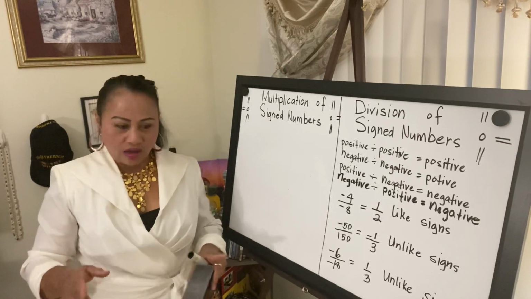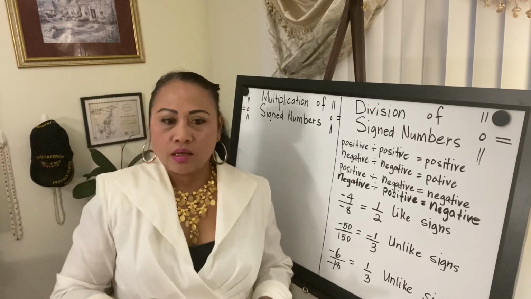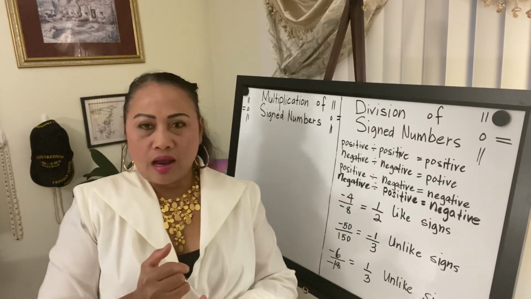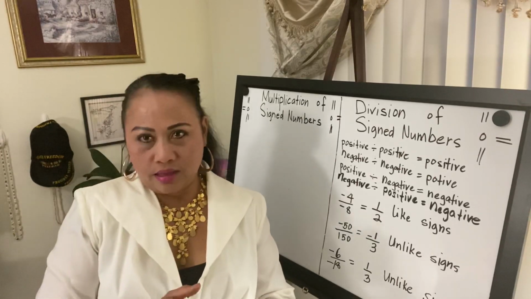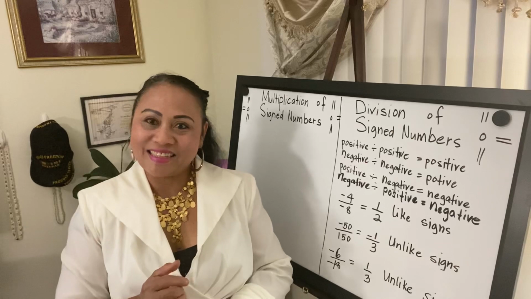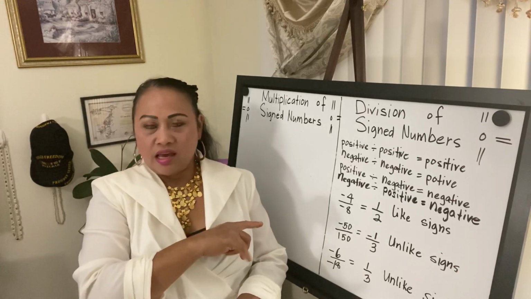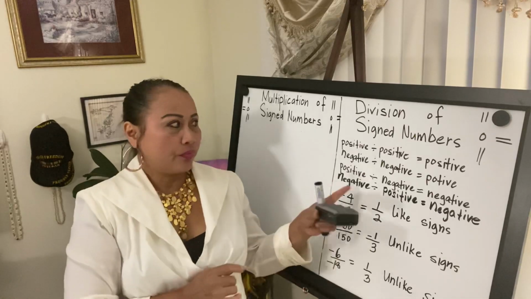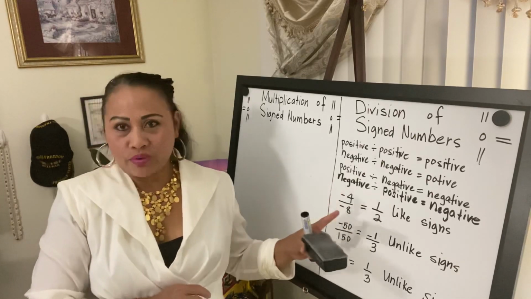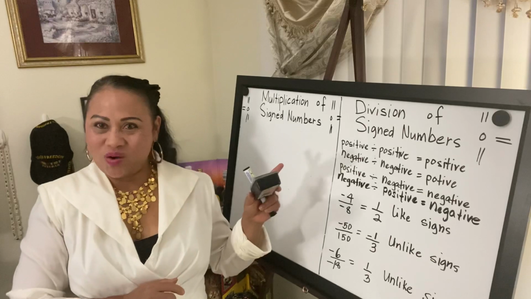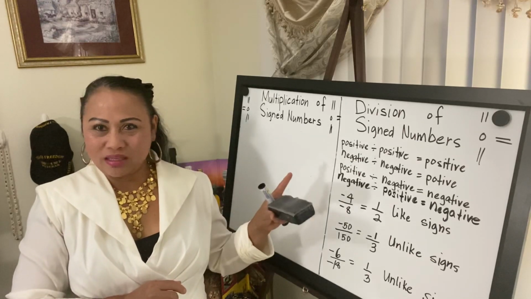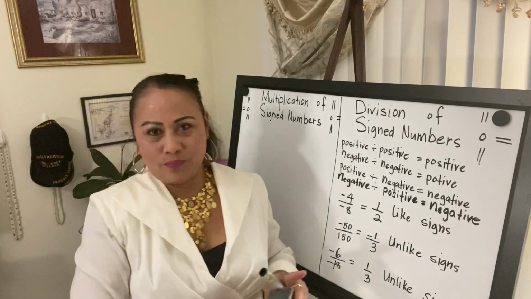So in short, the same signs always positive. Unlike signs is always negative in multiplication. And now in division of signed numbers, it's the same rule. Okay? So positive divided by positive equals positive.